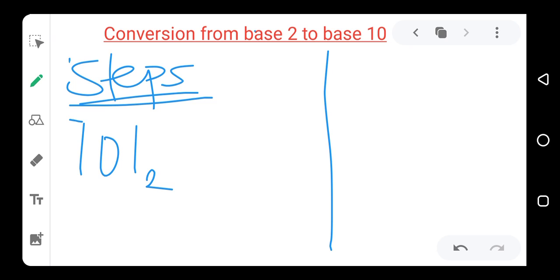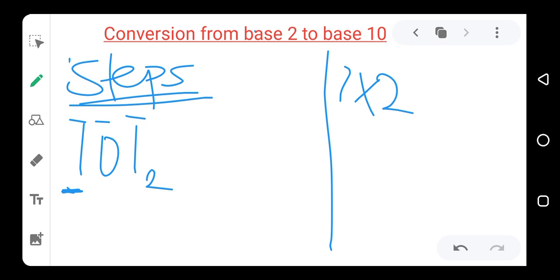We have 101. Now pick the first number there, which is 1. Multiply it by 2. Then count the numbers that are after it. This is the one we are working with.